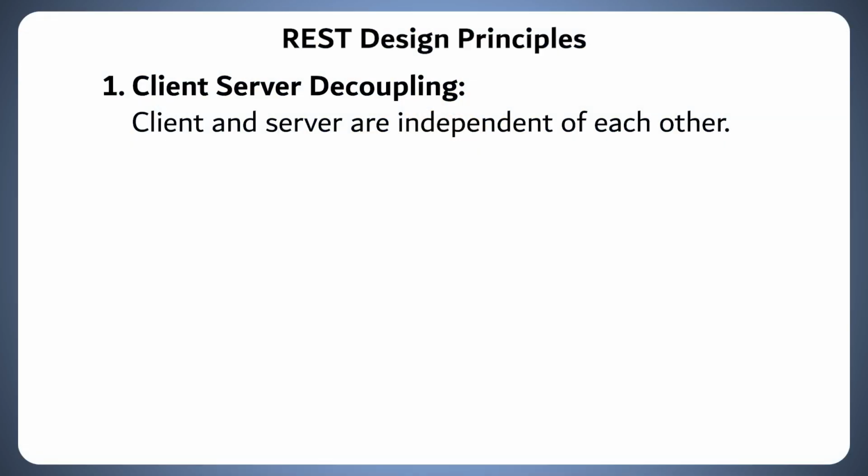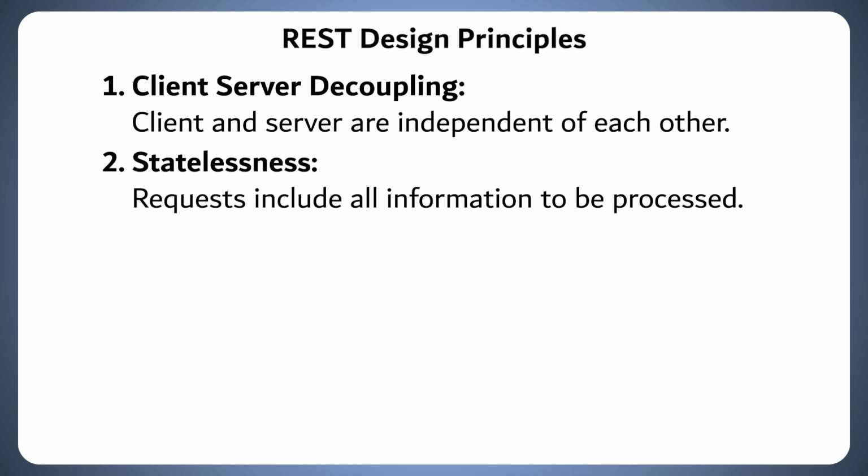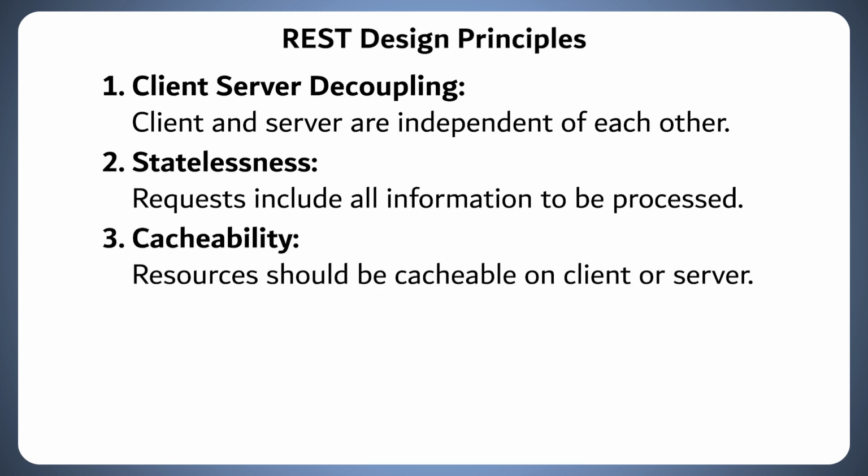Let's go through these design principles. The first design principle states that the client and server are completely independent of each other. The second principle is statelessness. That means that every request includes all the necessary information for the server to process it. The third principle is cacheability, so either the server or the client should be able to cache the resources that are requested.